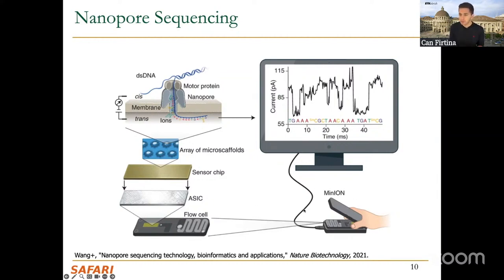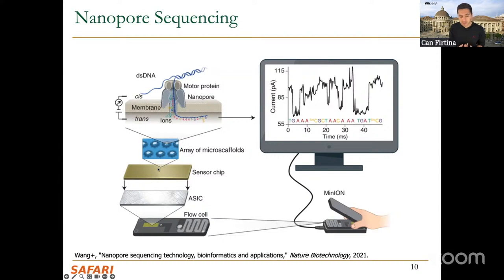And then when you prepare your library accordingly, you'll start sequencing your DNA or RNA. On top of this, there is this sensor chip, including many of these tiny pores that we call nanopores. We usually have around 500 to 2000 of these pores on a single chip.